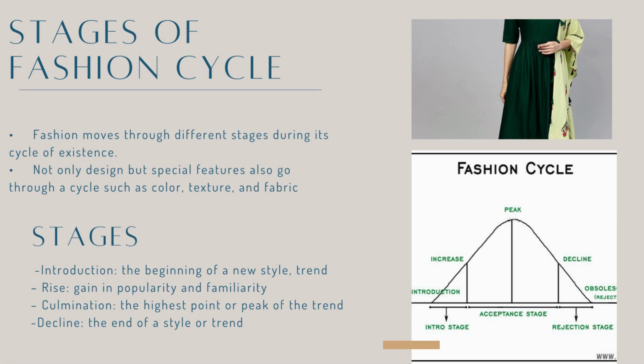The stages are first the introduction, which is the beginning of the new style or trend. Rise is the second stage, which means a gain in popularity and familiarity. The third is the culmination or peak stage, which is the highest point. The fourth stage is decline, or the end of a style or trend. And the last is obsolescence, which means it is totally out of the picture.